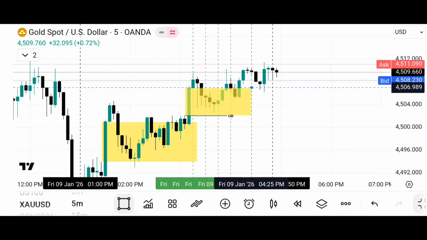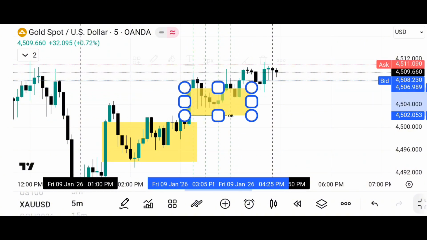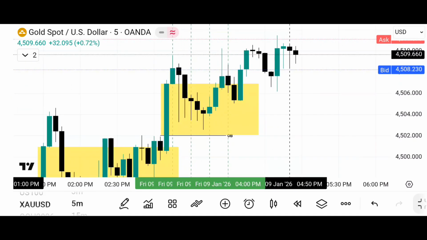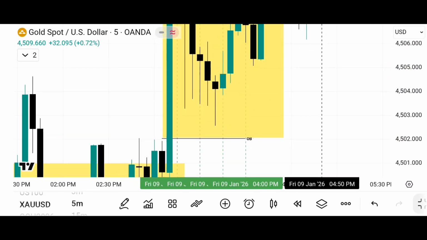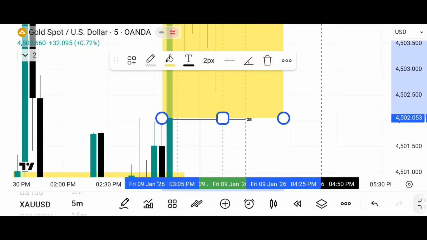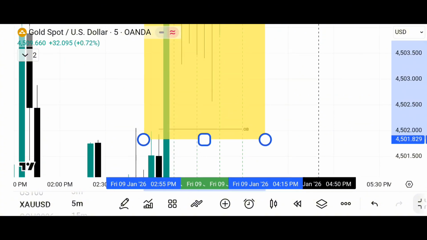So this is a fair value gap. It's the BC, buy side imbalance, sell side inefficiency.